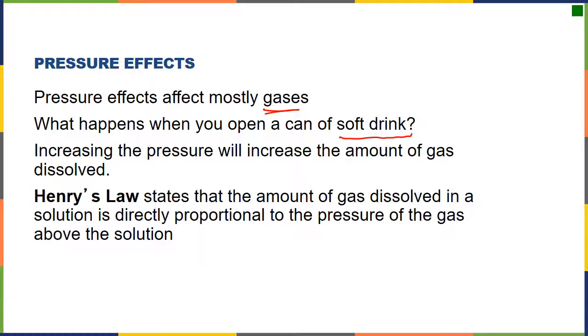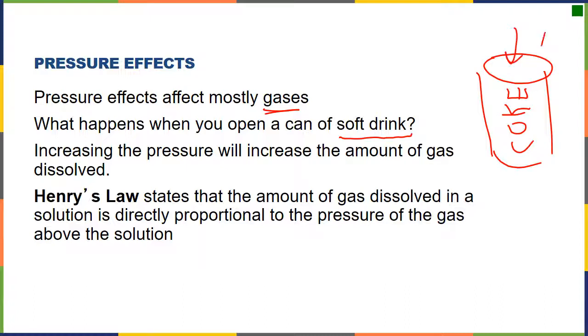If we want to put gas into a soda, so let's imagine that we have a Coke here, and we want to add carbon dioxide to our soda, we're actually going to have to put lots of carbon dioxide over here as a gas, and as we increase the amount of carbon dioxide as a gas over the Coke syrup or liquid, we're going to dissolve more and more of our carbon dioxide in that. Henry's law says that the amount of gas dissolved depends directly on how much of the gas is above the solution. So the more carbon dioxide you want in here, the more carbon dioxide you put over here.